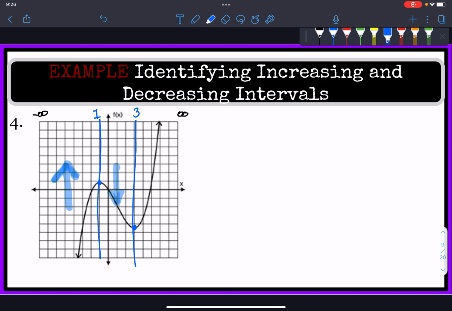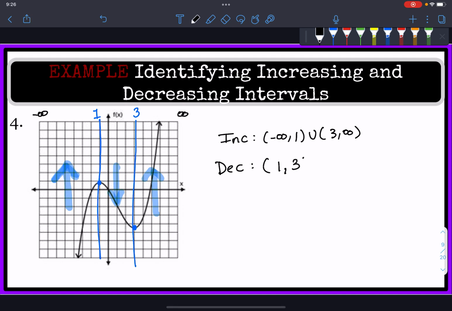It then reaches the last extrema down here and changes direction and then increases. So our graph is increasing from negative infinity to positive 1 and from 3 to infinity. And it decreases in between those two intervals, which is between 1 and 3.